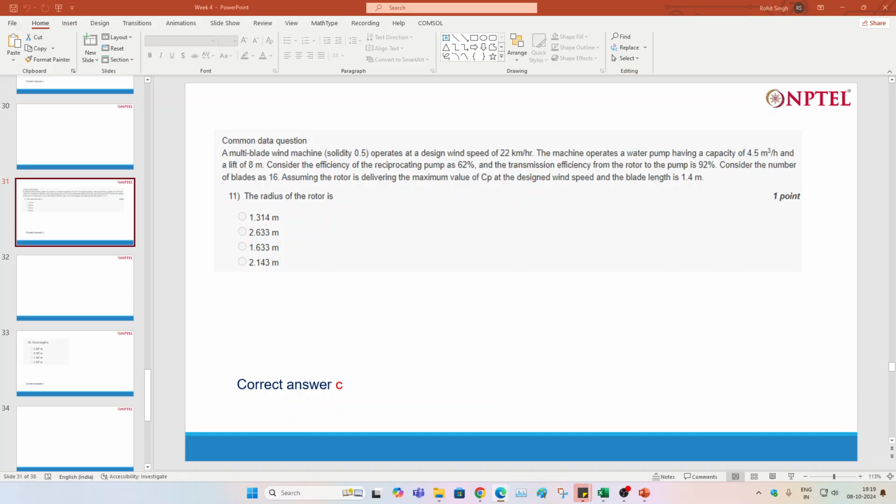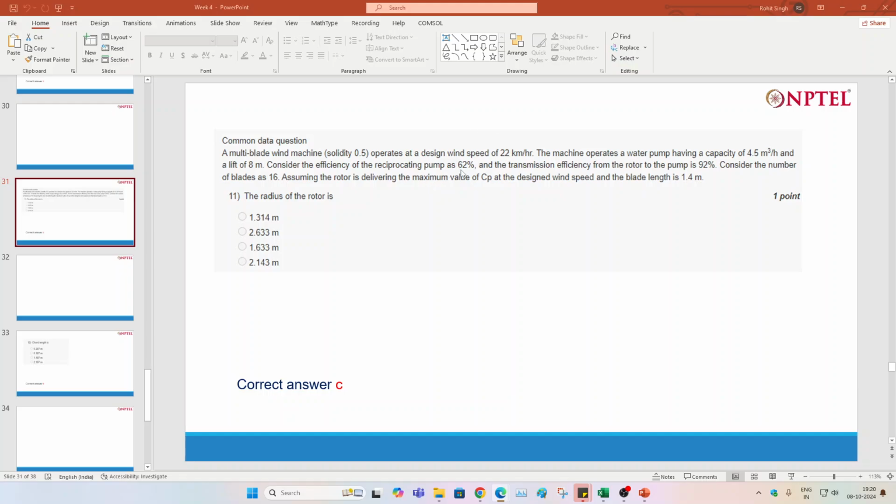So what is the answer? This one is the answer. Okay, so this is from the previous run of this course, not from the current question.